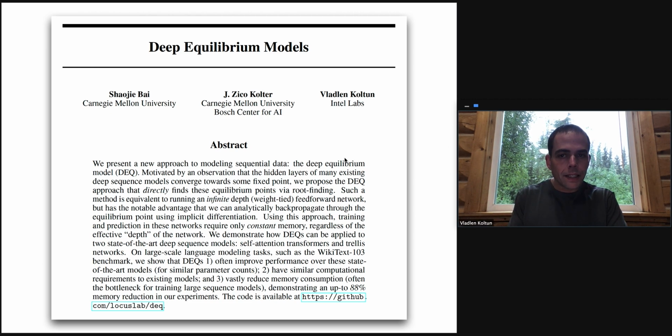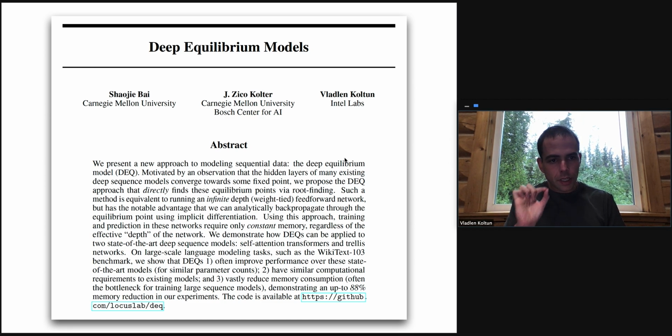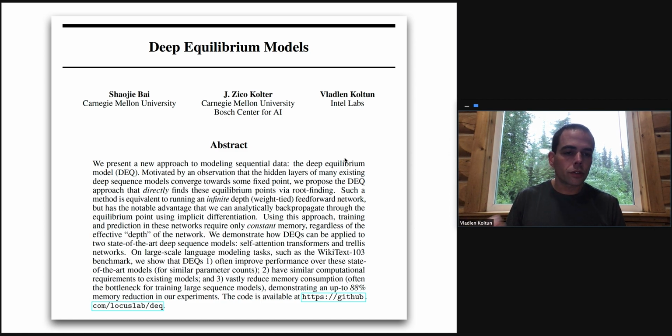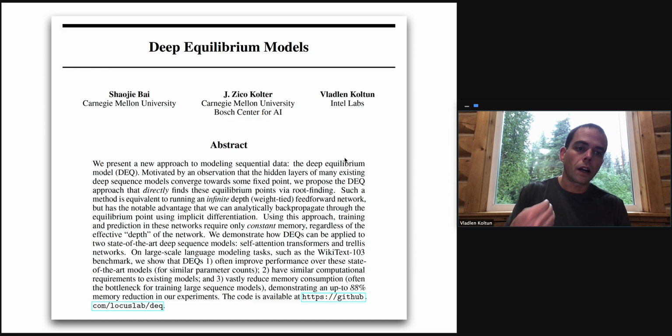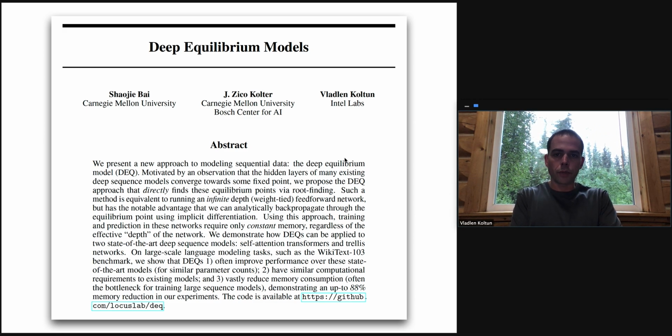Well, last year, in a paper with Xiaoji and Zico, we questioned this basic story in the domain of natural language processing and sequence modeling. And many of our ideas there in these deep equilibrium models that we introduced last year in the context of language modeling have inspired our new work on multi-scale deep equilibrium models that are now applied to computer vision.